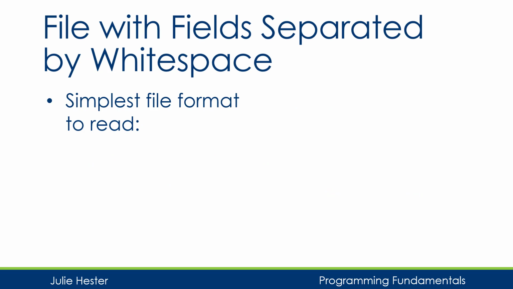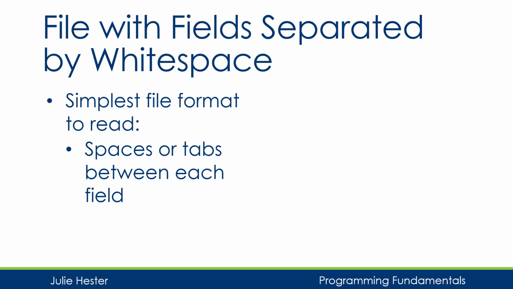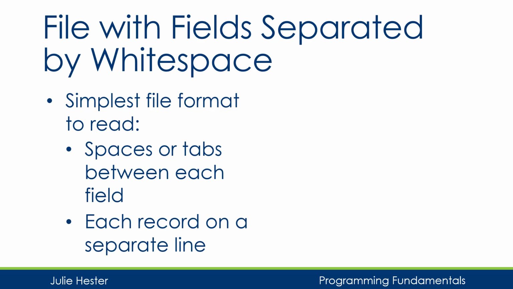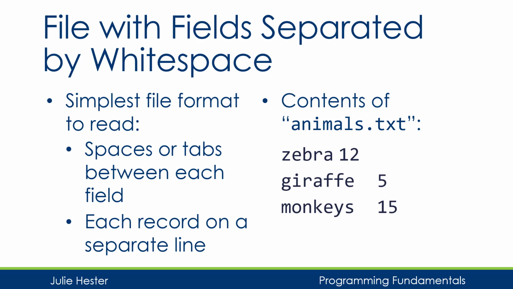So the simplest file format we can work with is a file format where each field is separated by spaces or tab characters or some other type of white space. Each record is on a separate line, and we can use the white space to know where each field begins and ends. So for an example file, here I have animals.txt.